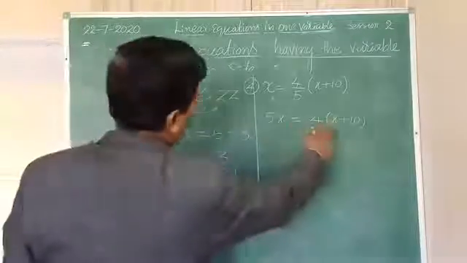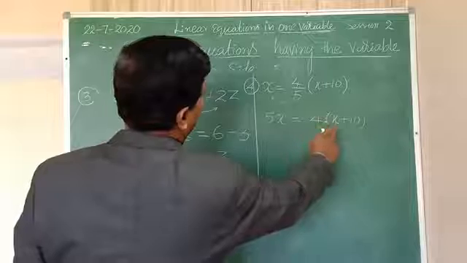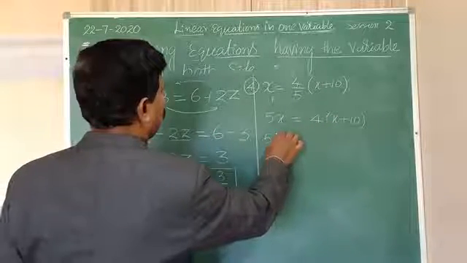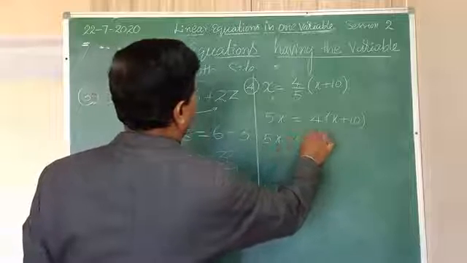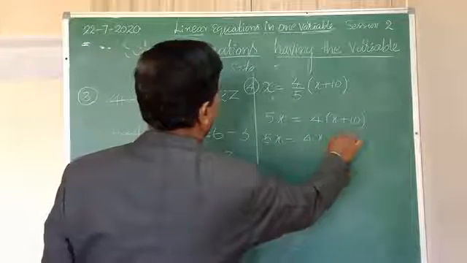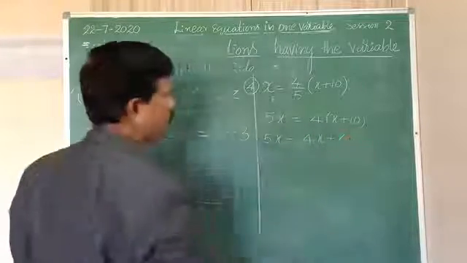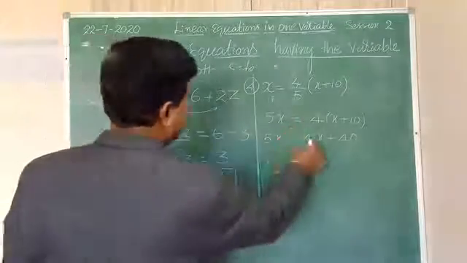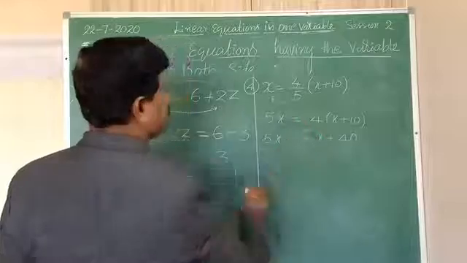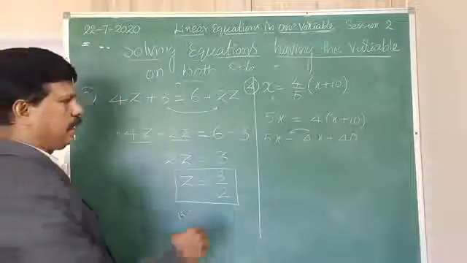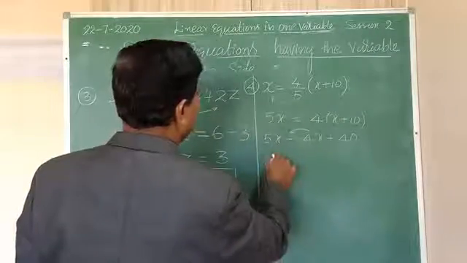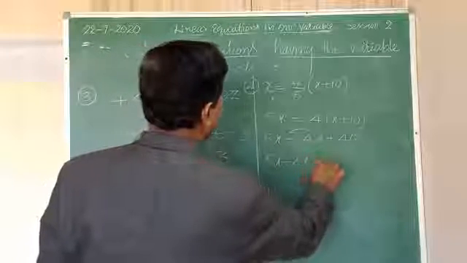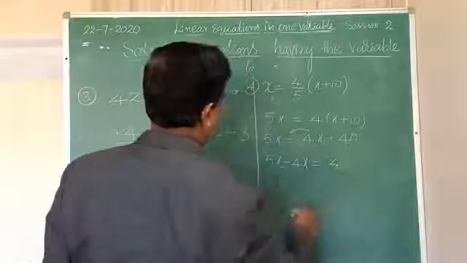Next step is open this bracket by multiplying x and 10 by 4. So here 5x is equal to 4x plus 40. Now the bracket is open. Next is shift this 4x to this side because 4x is less than 5x. So this becomes 5x minus 4x is equal to 40.